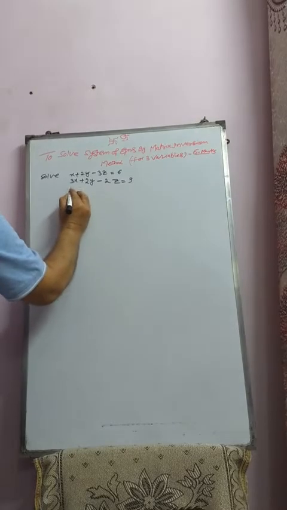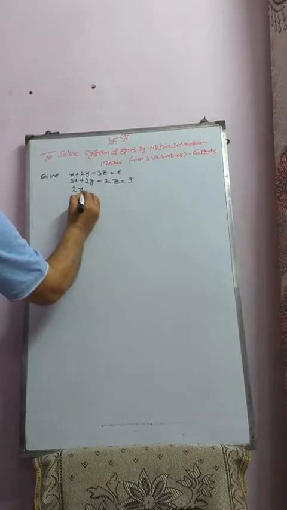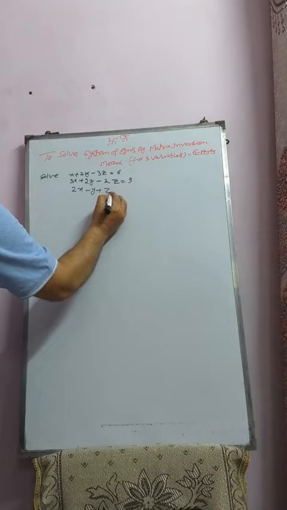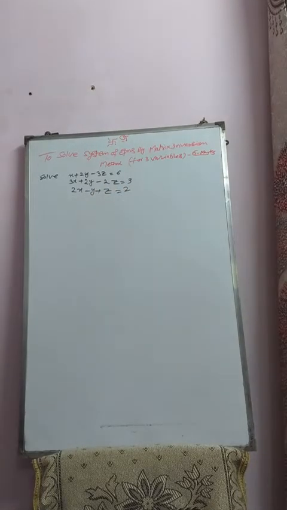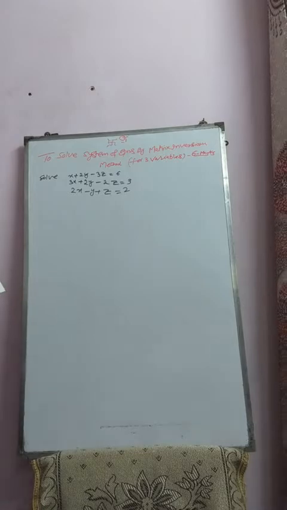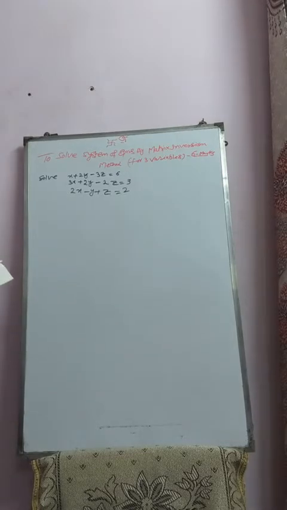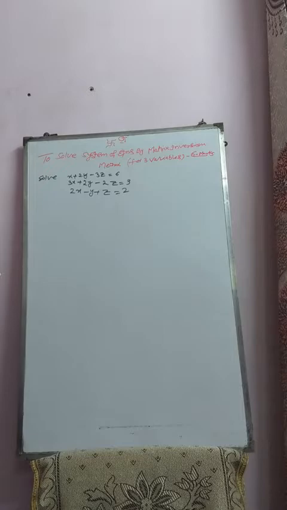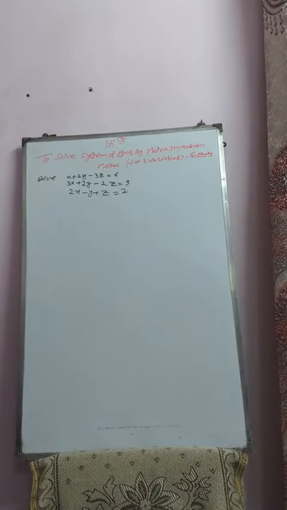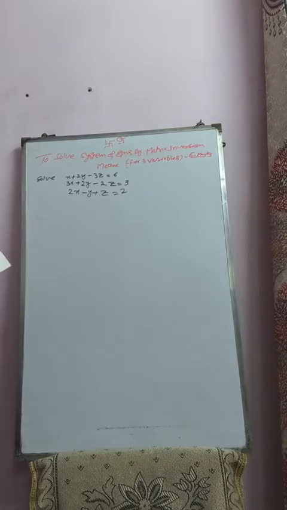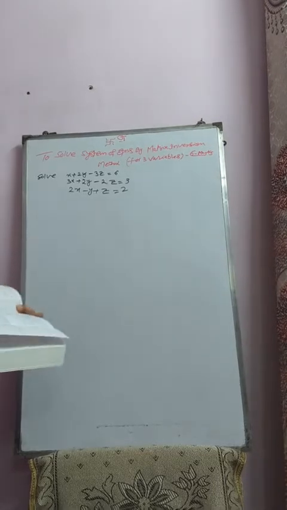And the last one, 2x minus y plus z equals 2. Again I am repeating: x plus 2y minus 3z equals 6, 3x plus 2y minus 2z equals 3, 2x minus y plus z equals 2.